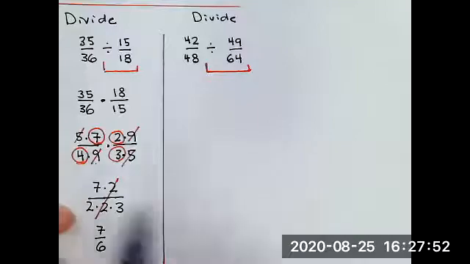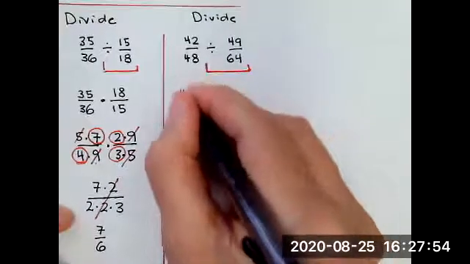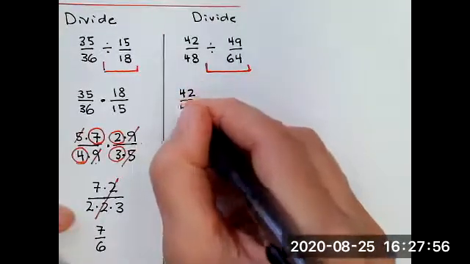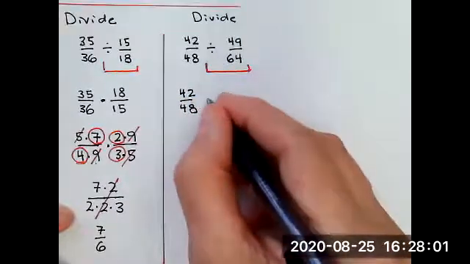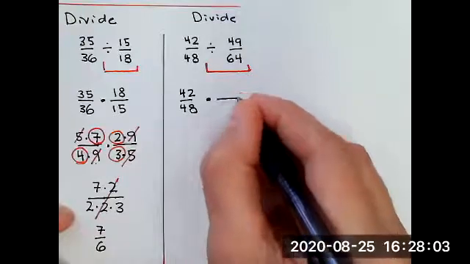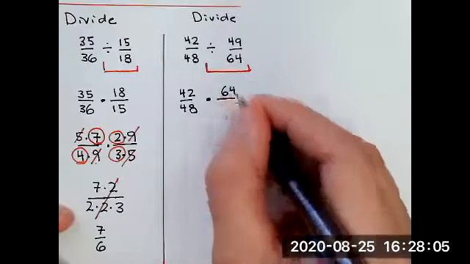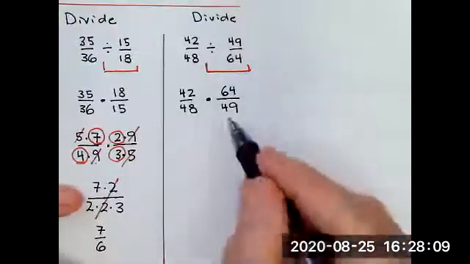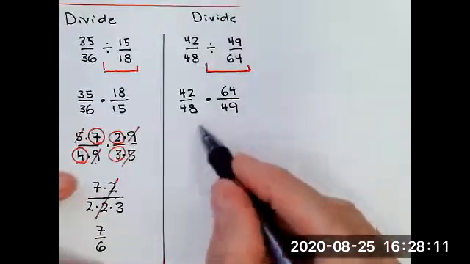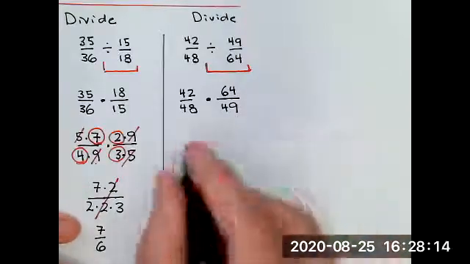So we have 42 over 48. And then we change the divided by into a multiply. And remember that you always reduce before you multiply.